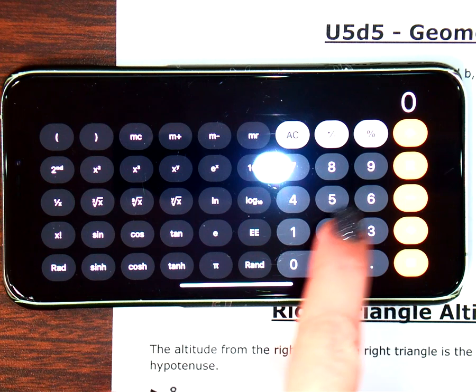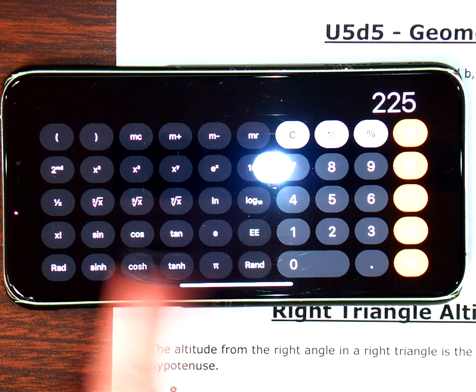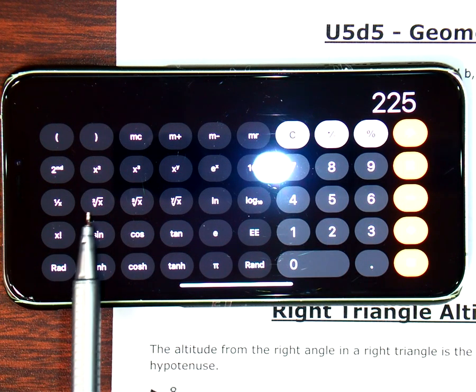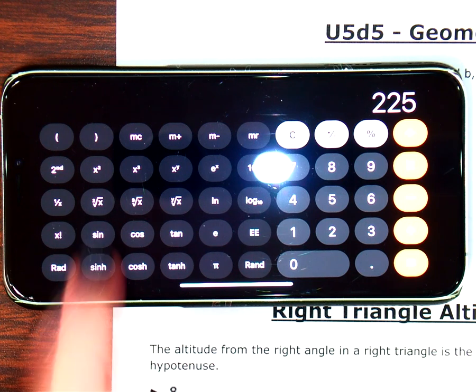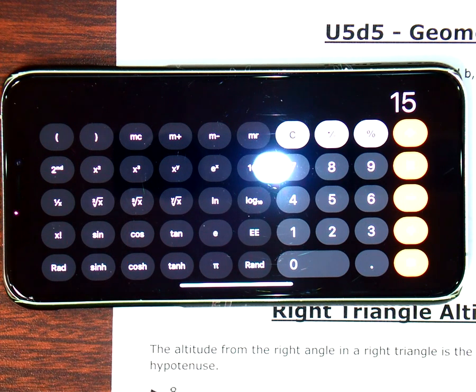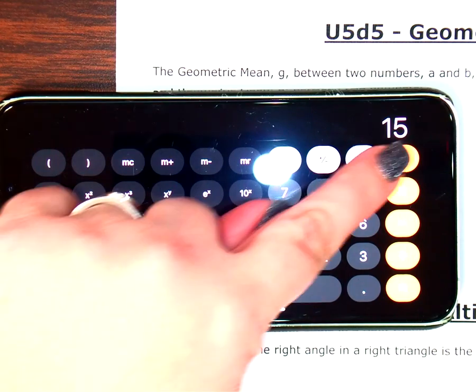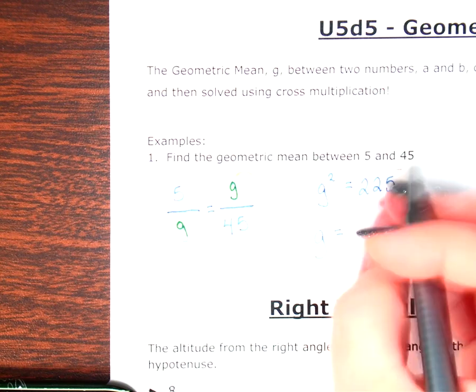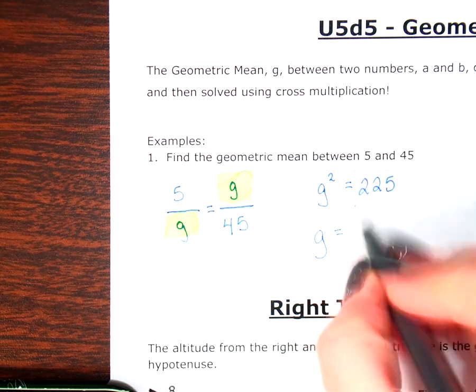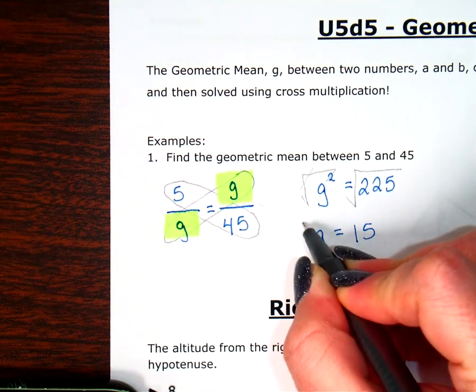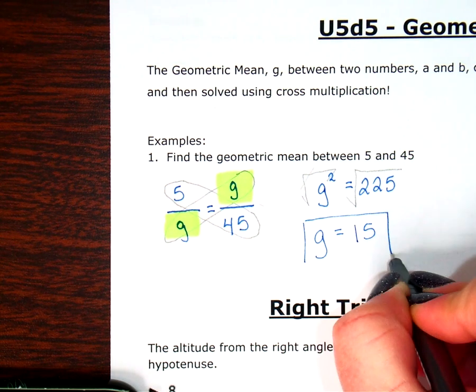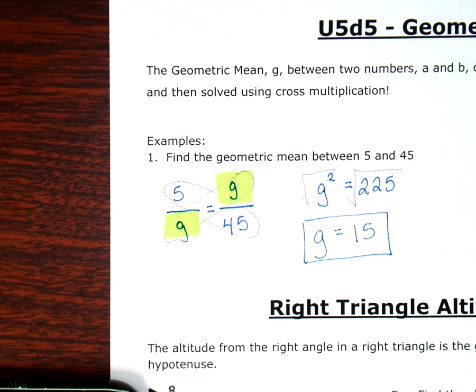So I'm going to type in that 225, and then I'm going to hit this button right here so that I can square root. And I see that the square root of 225 is 15. Okay, it tells me right there, 15. So the square root of 225 is 15. So that is my geometric mean between 5 and 45.